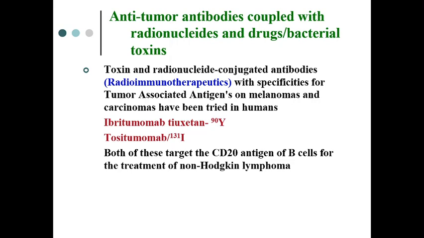Radionuclide-conjugated monoclonal antibodies are called radioimmunotherapeutics, and these have been successfully used for the treatment of B-cell lymphomas and non-Hodgkin's lymphomas. The two antibodies that are designed by two different companies, especially ibritumomab tiuxetan.